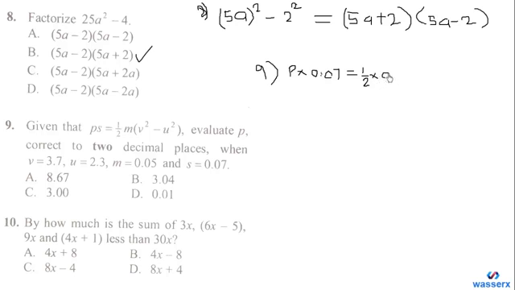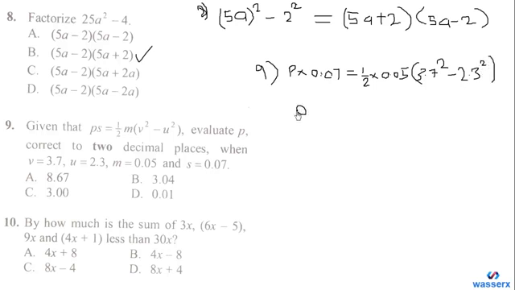So we put it there. Then all into bracket V squared minus U squared. So the V is 3.7. So we get 3.7 squared minus U squared, which is 2.3 squared.